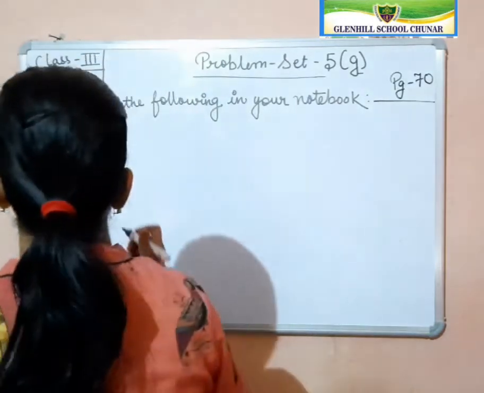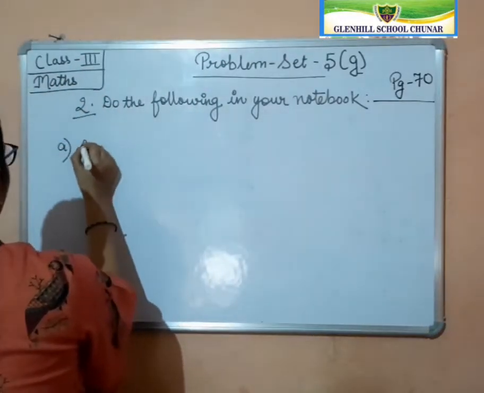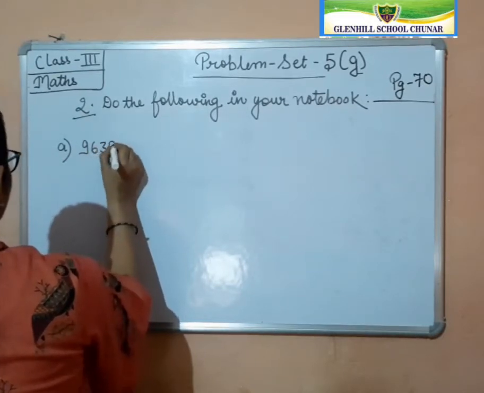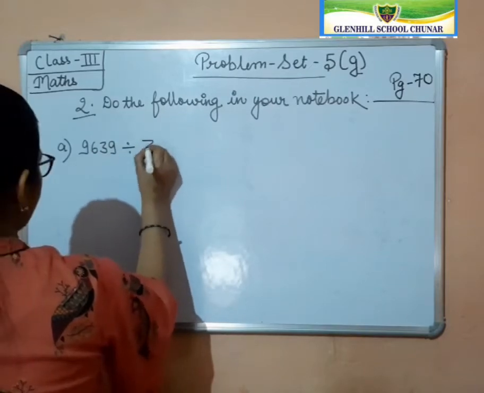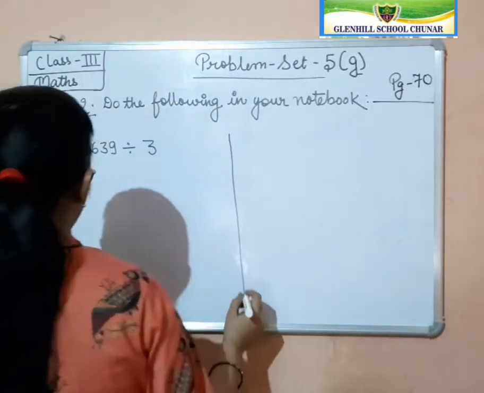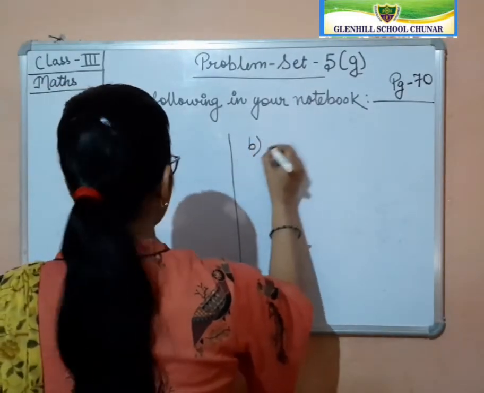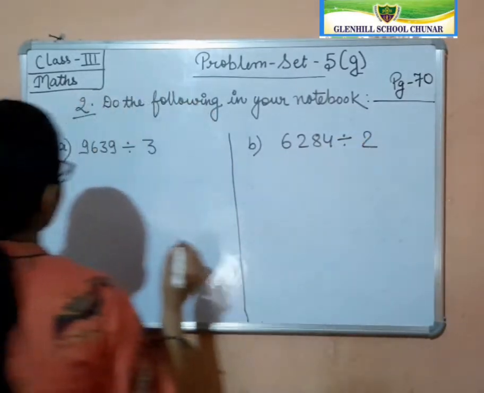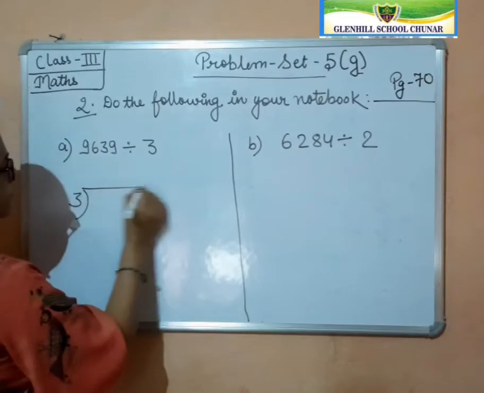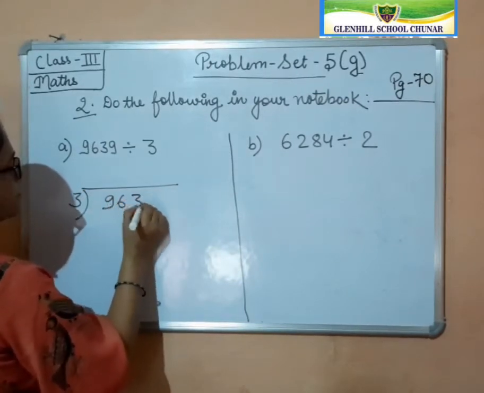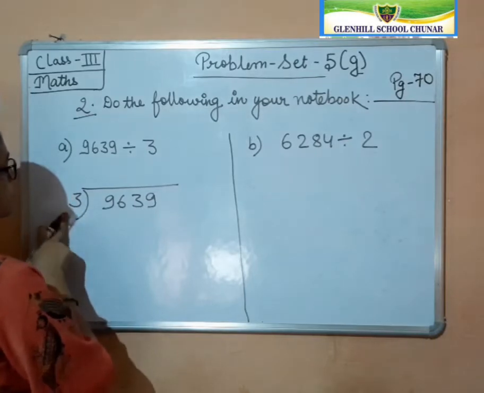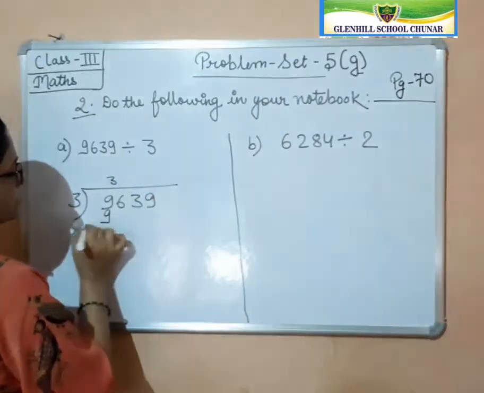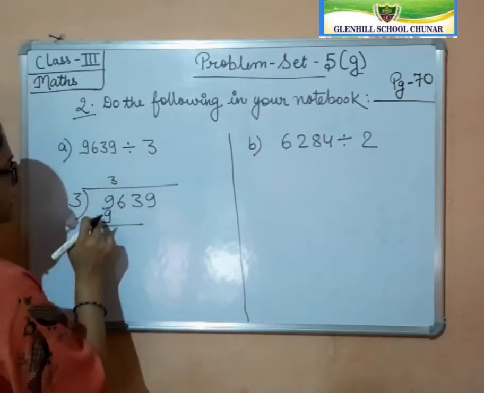Okay? Now see. A, 9639 divided by 3, and B, 6284 divided by 2. Now see here, 3 into 9639. Now in 3's table, 9 comes in how many times? In 3 times. So 3 I have written here, done minus, 3 threes are 9.